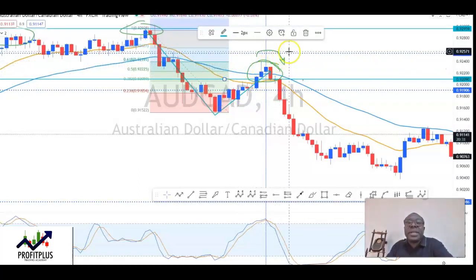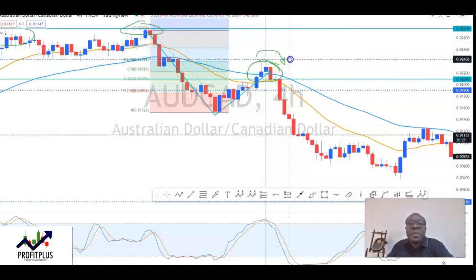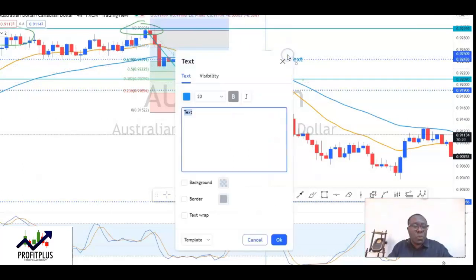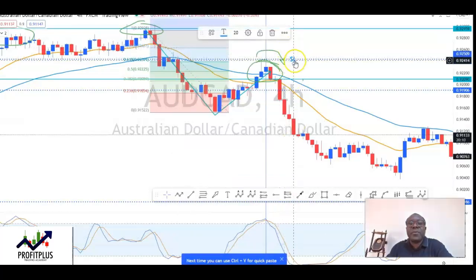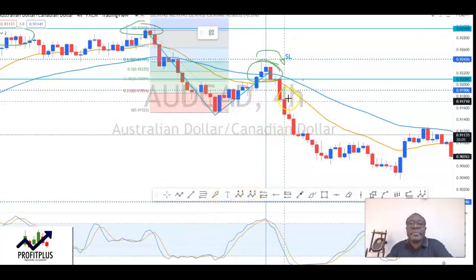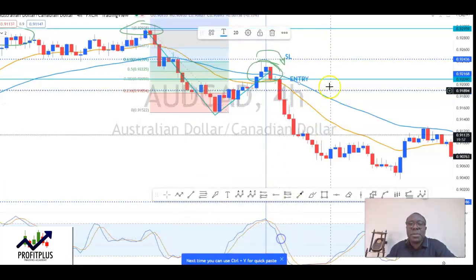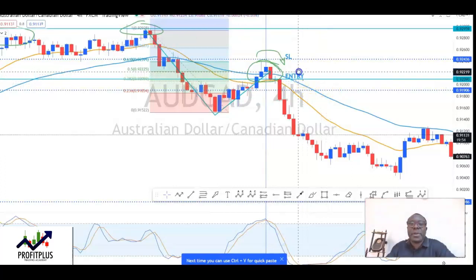You take maybe about 5 pips above it, and this will be your stop loss. You see this here, 5 pips will be your stop loss, and I'm coming here to locate my entry at this point. My entry point.